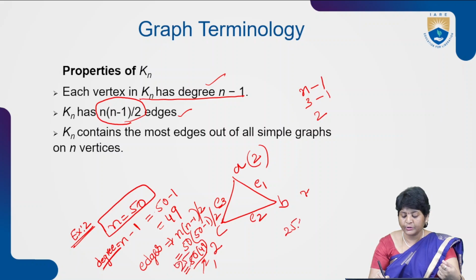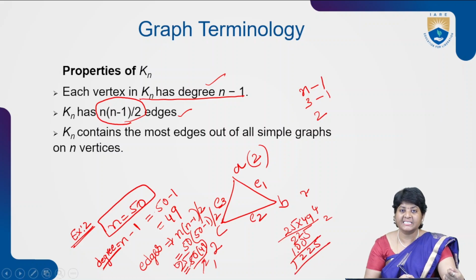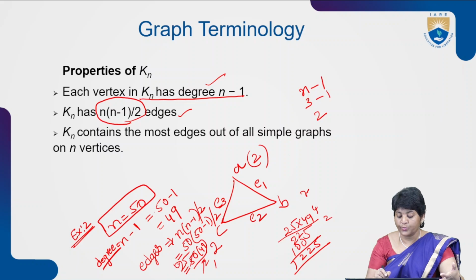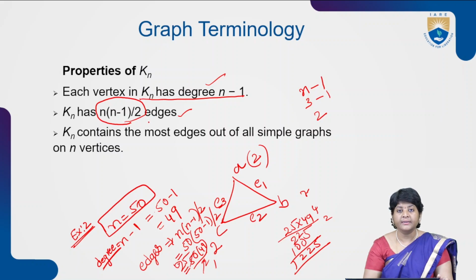So 25 into 49. 9 2s are 18, 22, 4 5s are 20, 4 2s are 8, 9, 10. So in this way, we can simply identify the number of edges. If 50 vertices are there, by seeing the connecting lines or the edges, it is not possible to identify. So with this formula, n into n minus 1 by 2, we can identify the number of edges required for that complete graph.